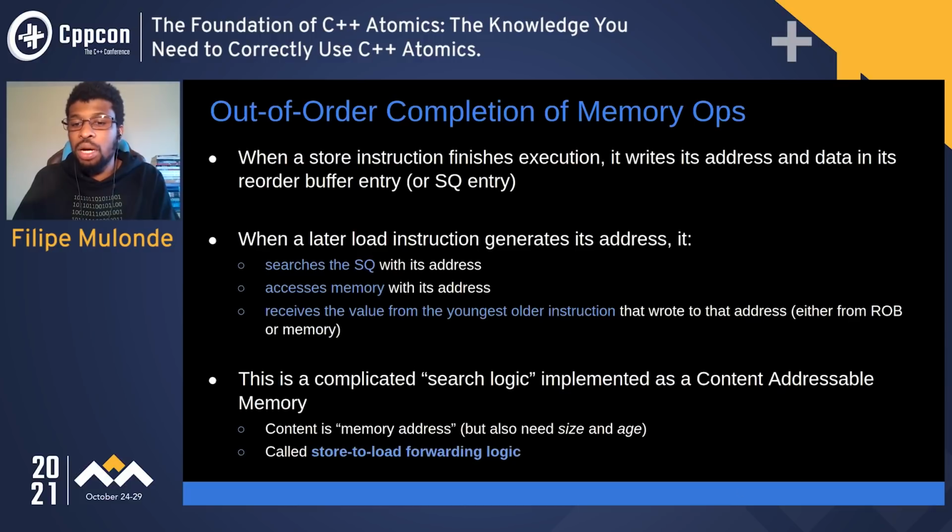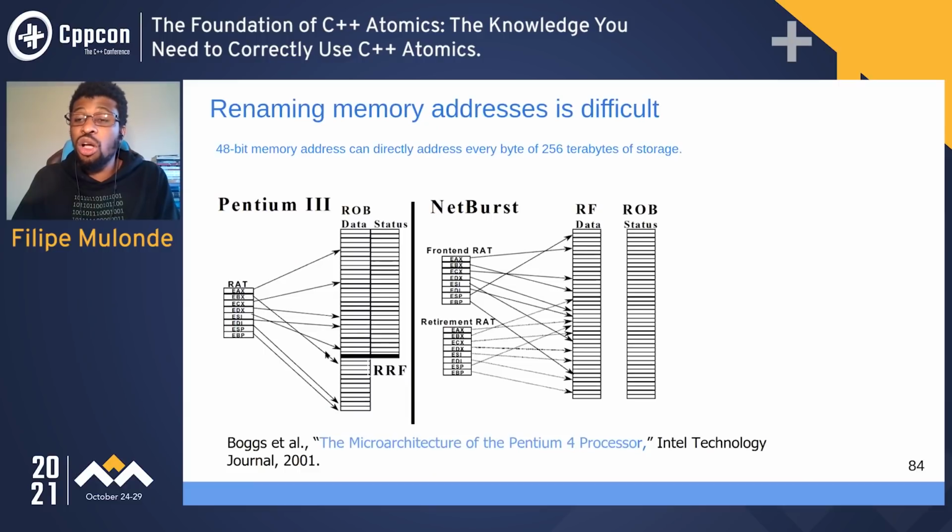When we talked about register renaming, we didn't use content addressable memory to search the reorder buffer. We used indirection. So why do we need to use content addressable memory to search the store queue? We need to use content addressable memory in the case of stores and loads because memory state is large and register state is small.